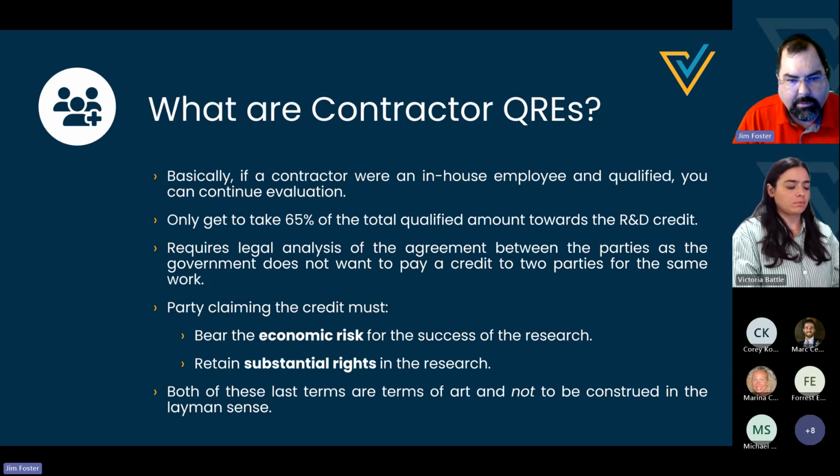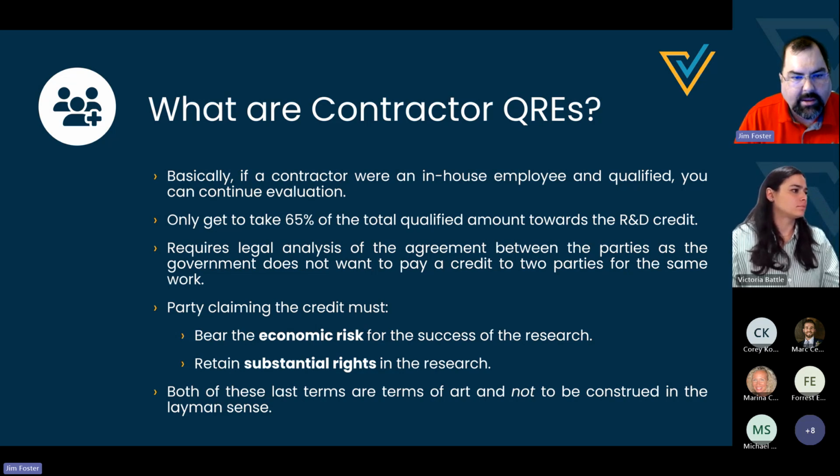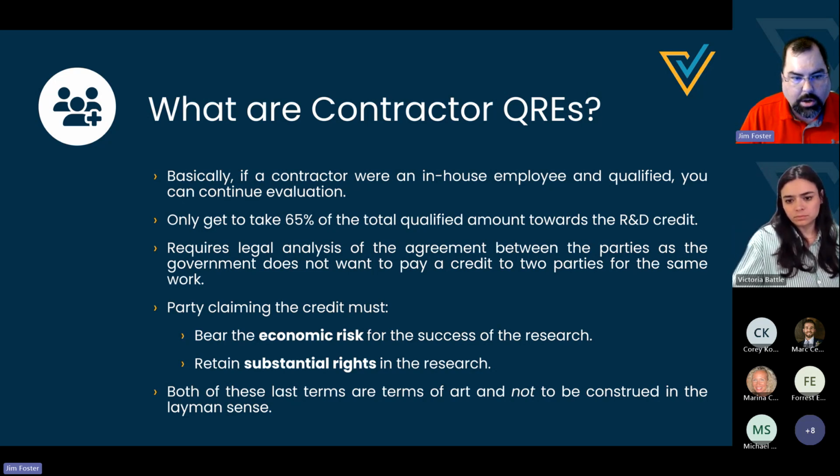And basically, the government's pointing out that when a contractor invoices something, there's a built-in overhead amount on that. And so they're just taking that haircut right off. Now, there is a legal analysis on the agreement between the parties that has to be done because the government does not want to pay two parties for the same work.